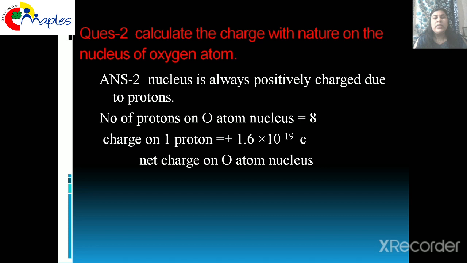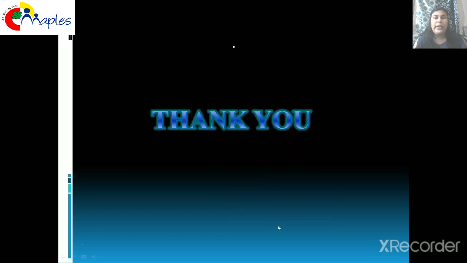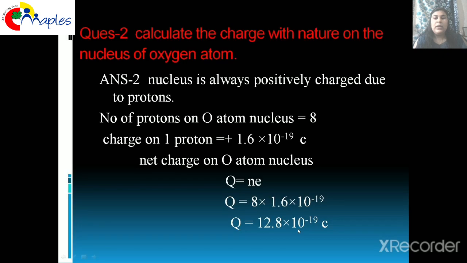Net charge on the oxygen atom nucleus: Q equals Ne, where N is the number of protons, that is 8, and e is positive, 1.6 into 10 to the power minus 19. Multiplying, the answer is Q equals 12.8 into 10 to the power minus 19 coulomb of charge.